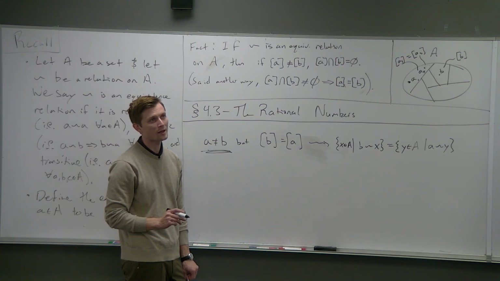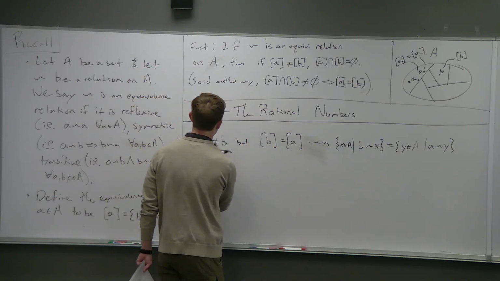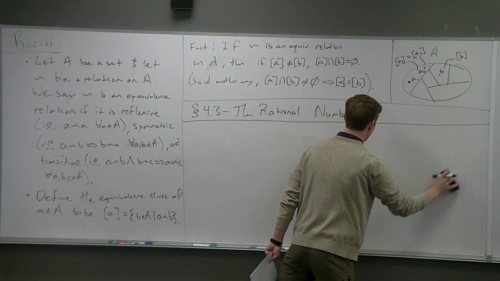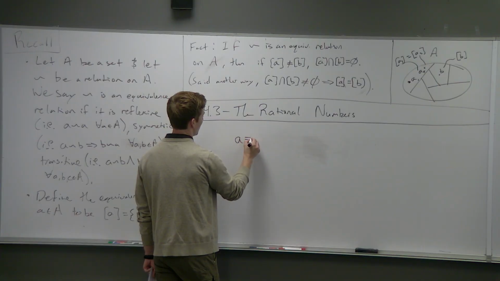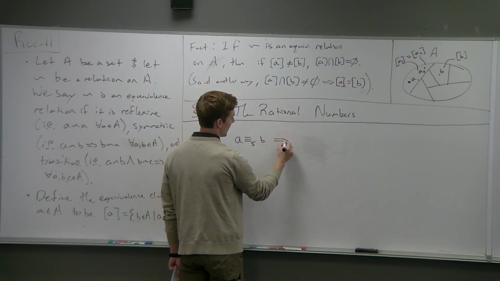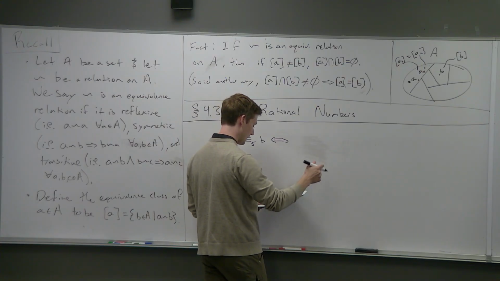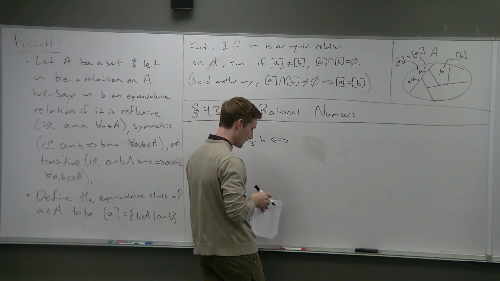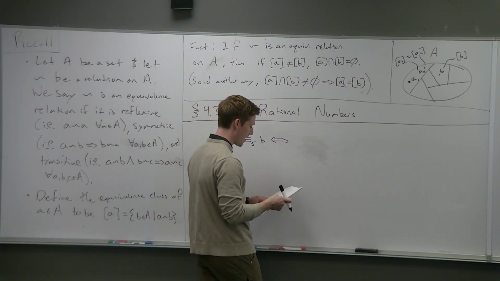Let's do the example we did last time, the one we said for integers. We'll write this to mean, what did we do? We used exactly the same wording: same remainder after division by 5, right?